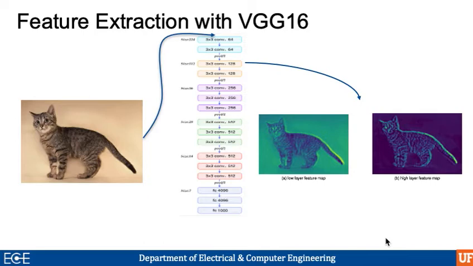And it makes sense because they use different values for the feature representation. And this guides us to use VGG combined with style transfer.